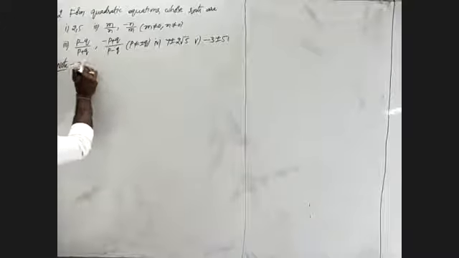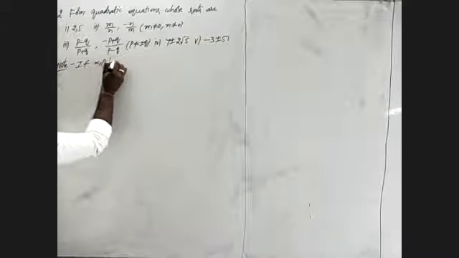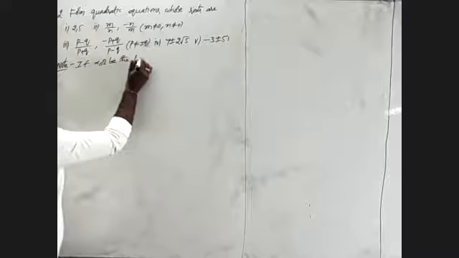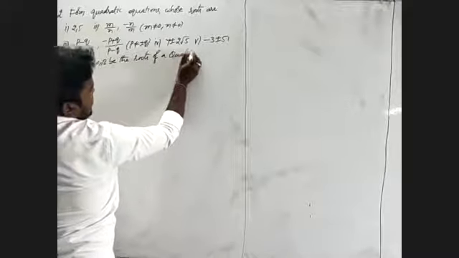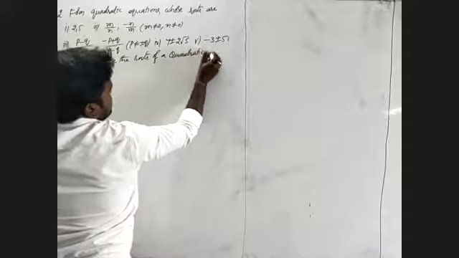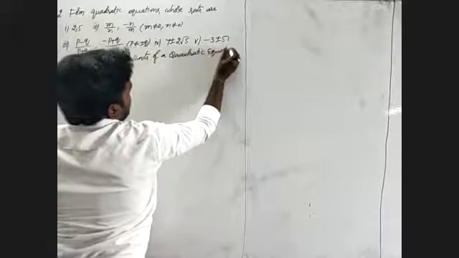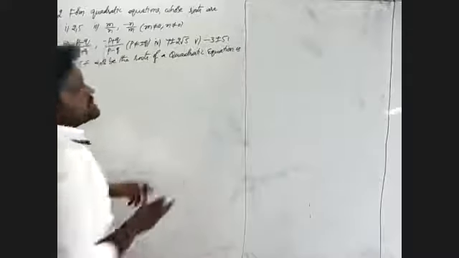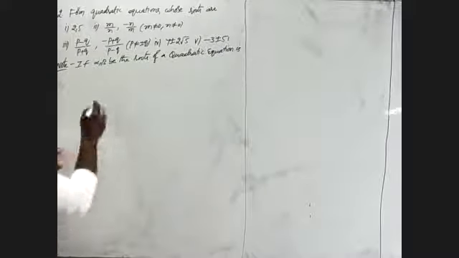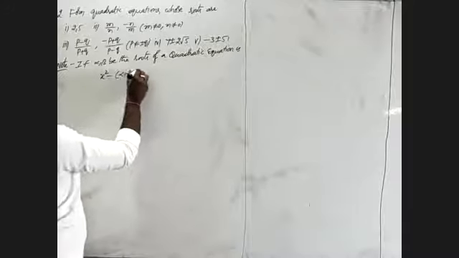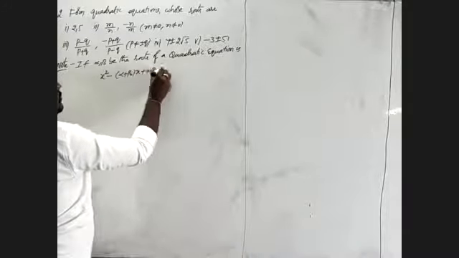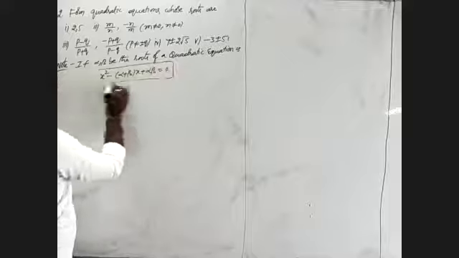If alpha comma beta are the roots of a quadratic equation, then I will write x square minus alpha plus beta into x plus alpha beta is equal to 0. This is the given formula.